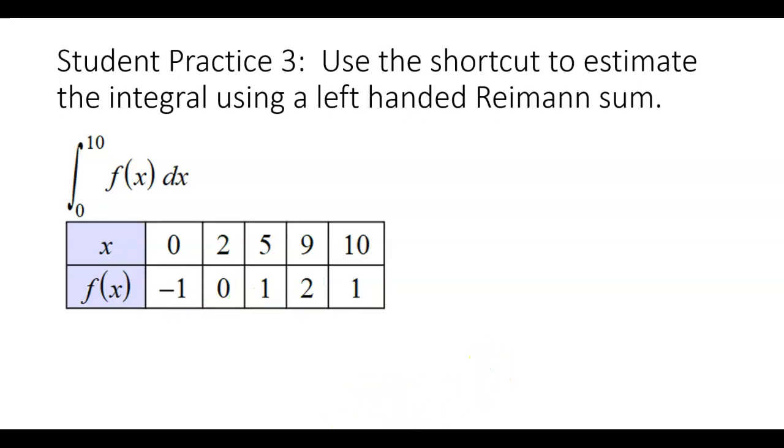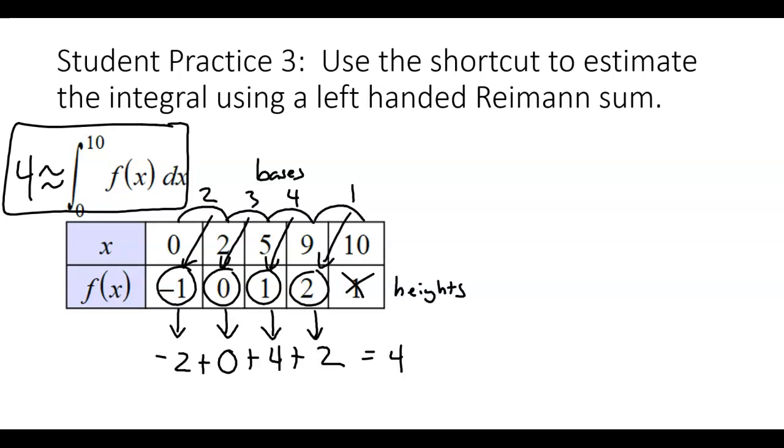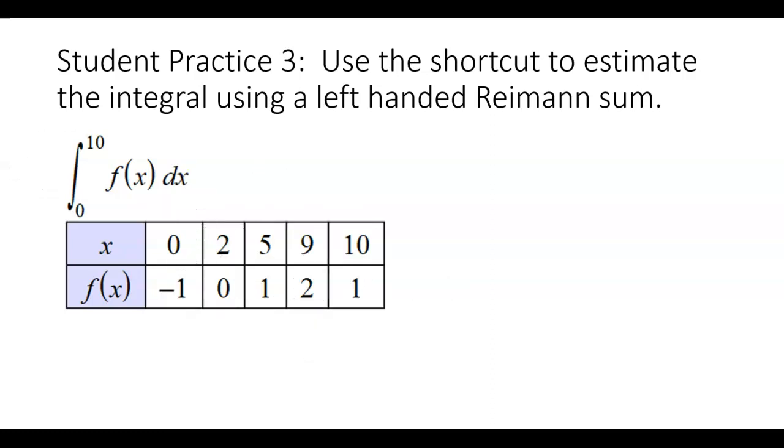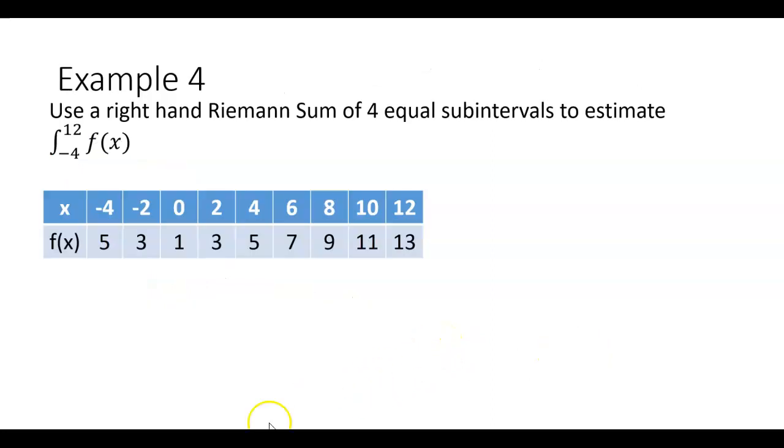But go ahead and pause the video here. When you unpause it, you'll see the solution using the shortcut. And there you go. This is a very helpful thing. These are very common FRQ questions, so you'll definitely want to know this shortcut. It's very helpful. All right. Well, let's continue our journey and look at some more types of questions.